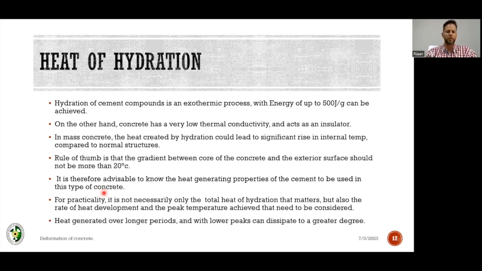Now, 25 degrees sounds very low, but if you know Lesotho, that place can become quite cold. So 25 degrees was the conservative value, and that had to be maintained so as not to lose track of the 20-degree gradient difference between the core and the surface.